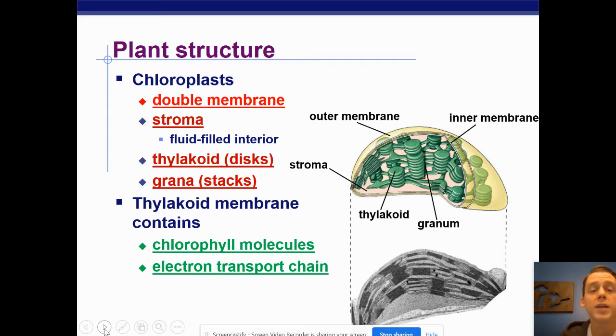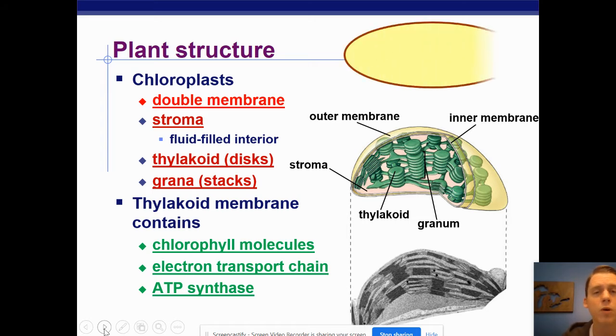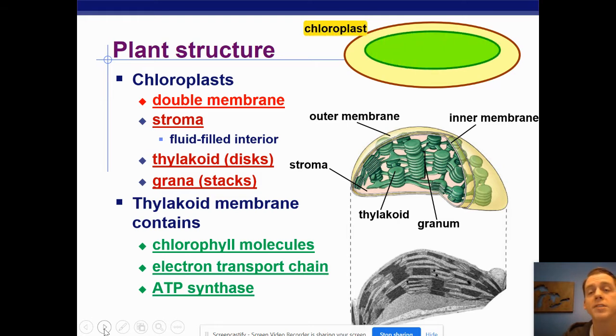The thylakoid membrane contains an electron transport chain. You've heard of that before, so there's going to be another one of those very similar to the one from cell respiration. It's also going to contain an ATP synthase. Again, you've seen that before. Chloroplast. And then we have the smaller component inside of it. This is the thylakoid.